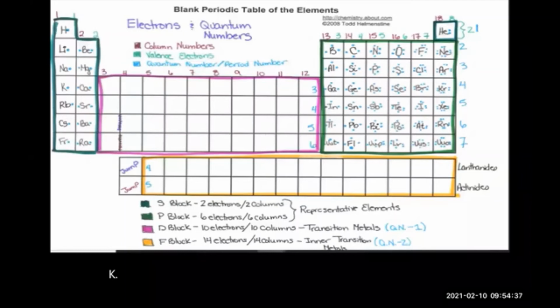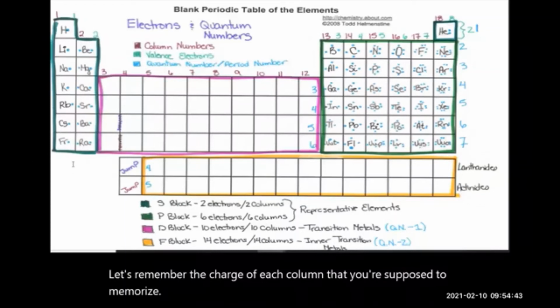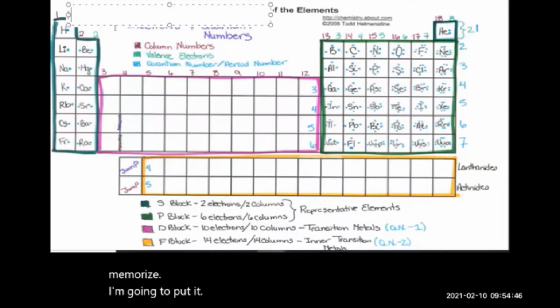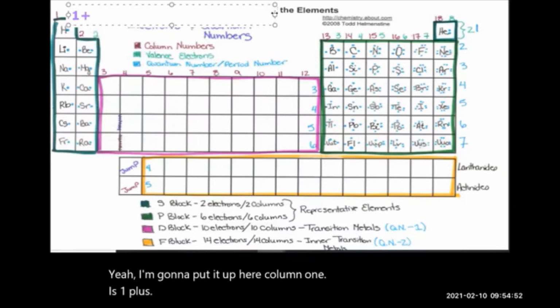Let's remember the charge of each column that you're supposed to memorize. I'm going to put it up here. Column 1 is 1 plus.